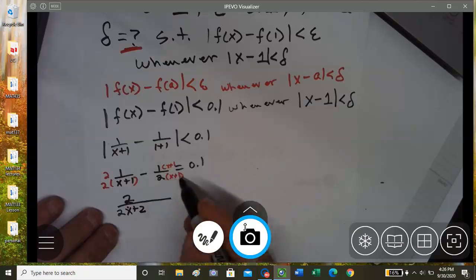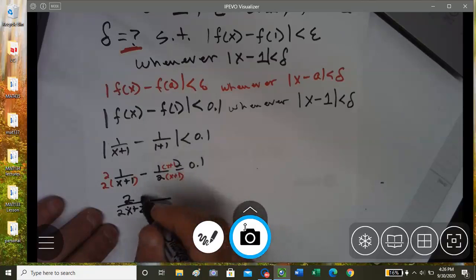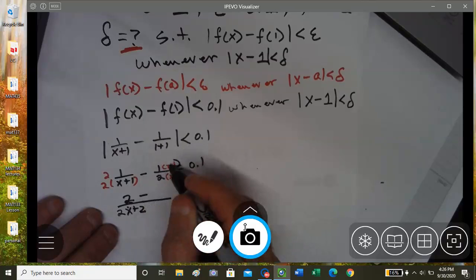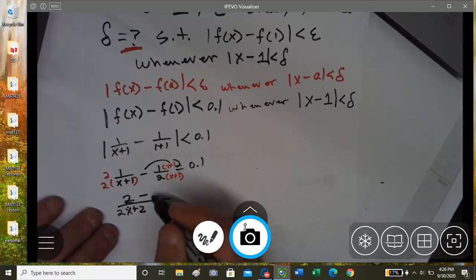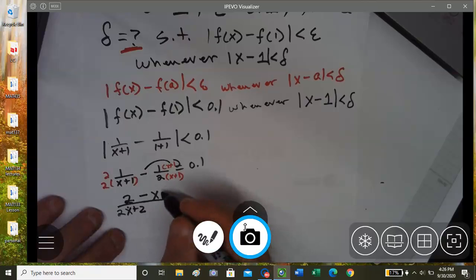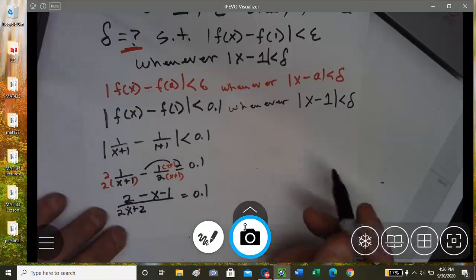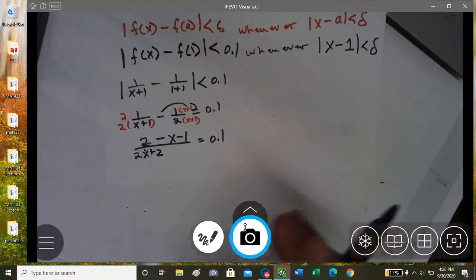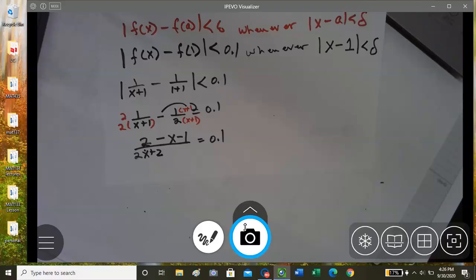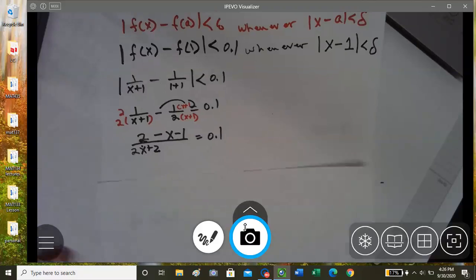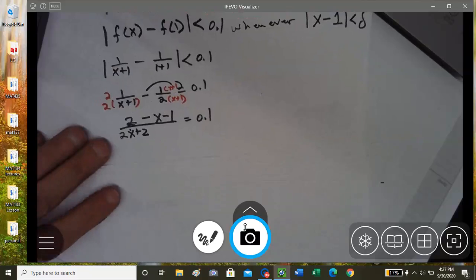And then we can go ahead and combine these since they're all under the same absolute value. Minus, and then we would distribute this negative 1. So that'd be negative x minus 1 equals 0.1. All right, so from here, we continue to simplify.